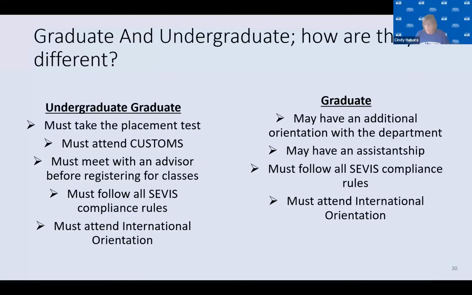We, as immigration advisors, do not know your academic standards. Okay, we don't know what courses you're required to take. We don't know what electives you're going to be taking. We don't know your core courses. That's your academic advisor. So you cannot expect your academic advisor to know if your F1 I-20 has expired.